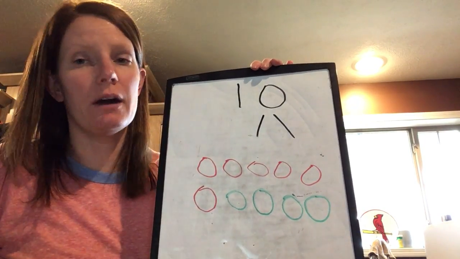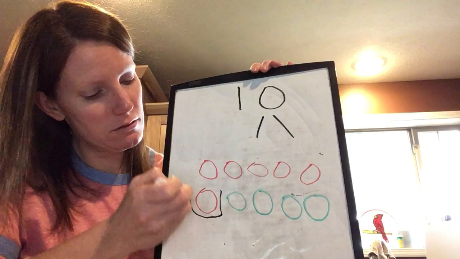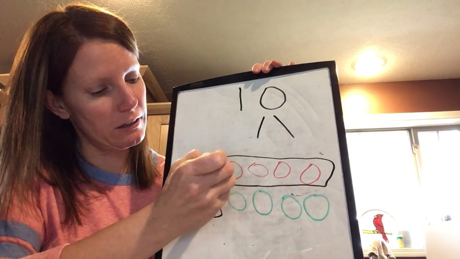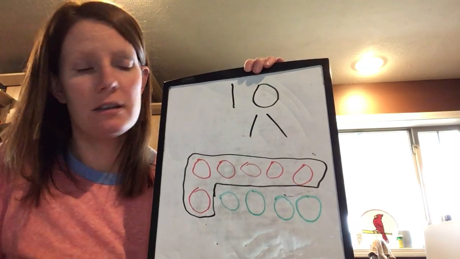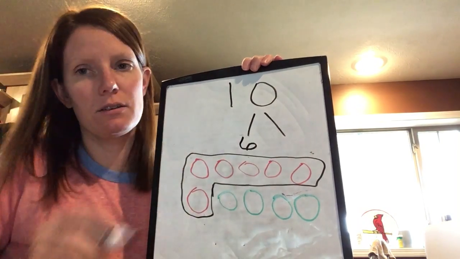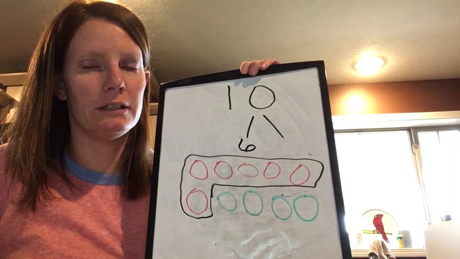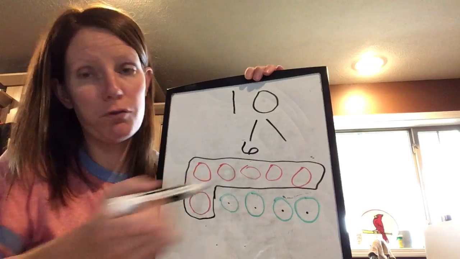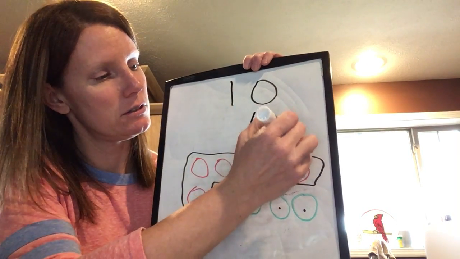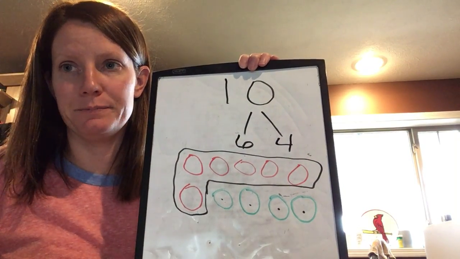Now I'm going to draw a circle around these. How many red do we have? 6 red. How many green do we have? 1, 2, 3, 4 green.